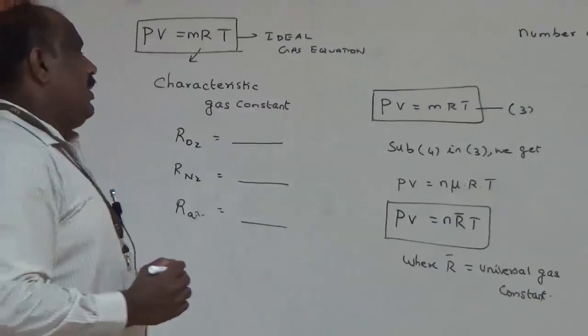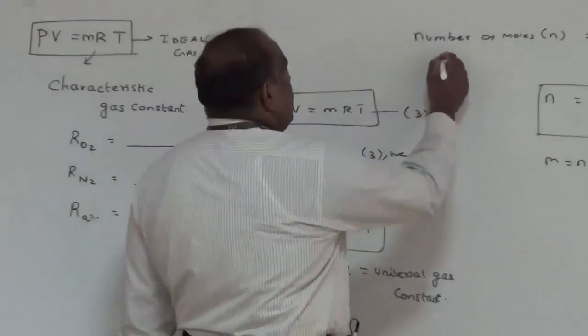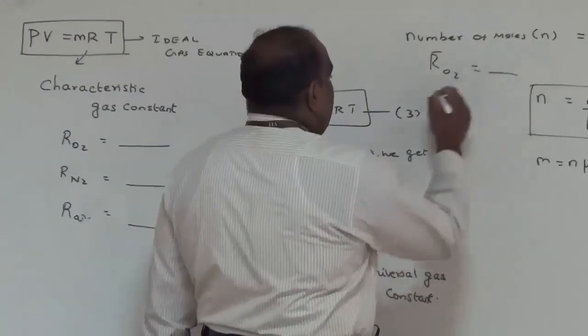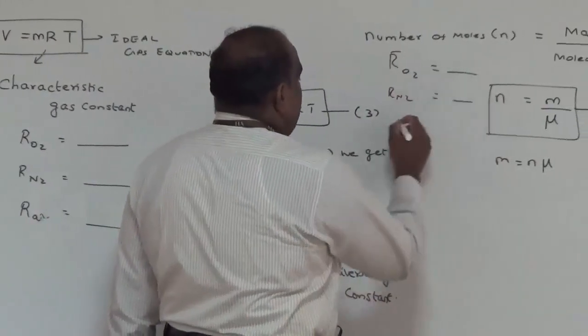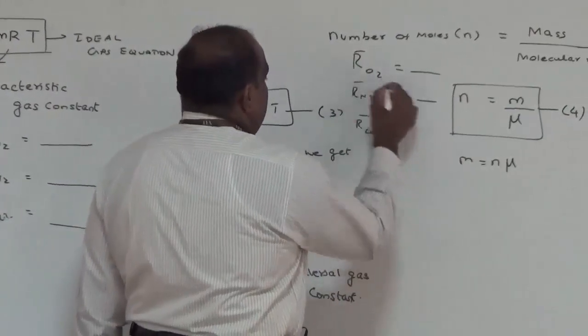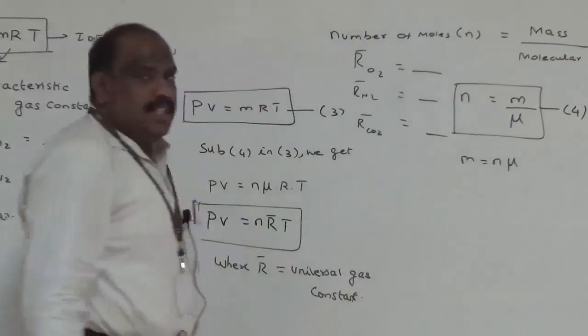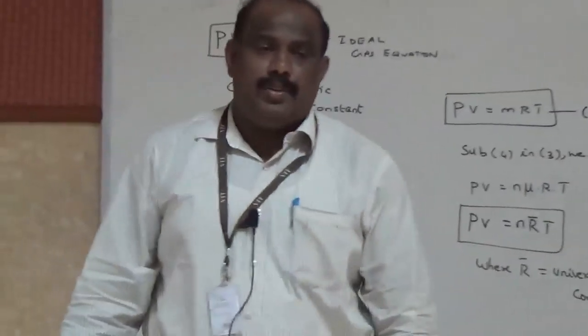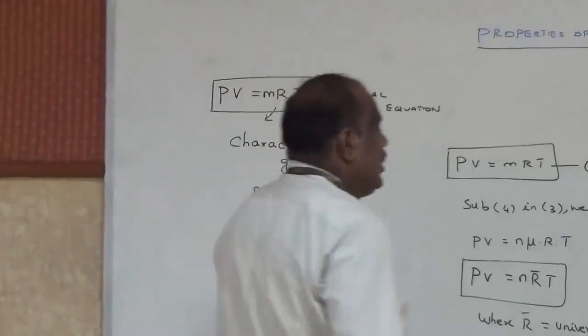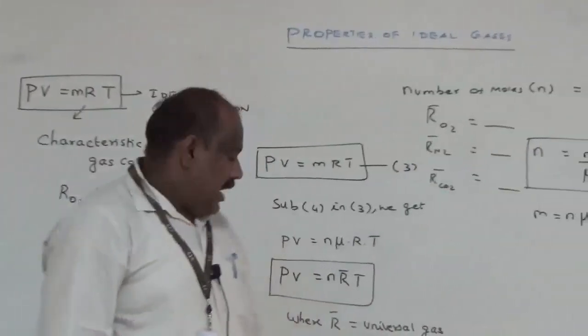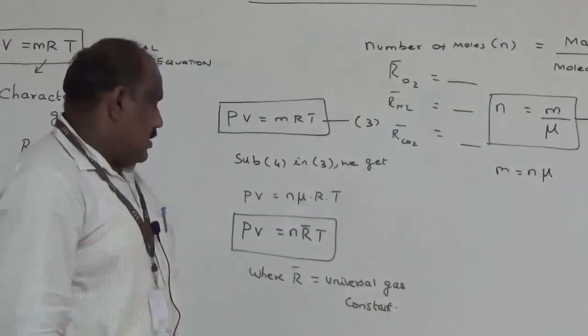It will be the same for all gases. If I take R bar of oxygen, it will be the same. R bar of nitrogen, it will be the same. R bar of carbon dioxide, it will be the same. So the universal gas constant is called universal because this value will not change for each and every gas.